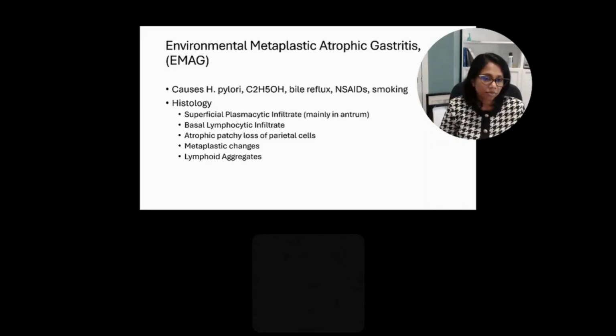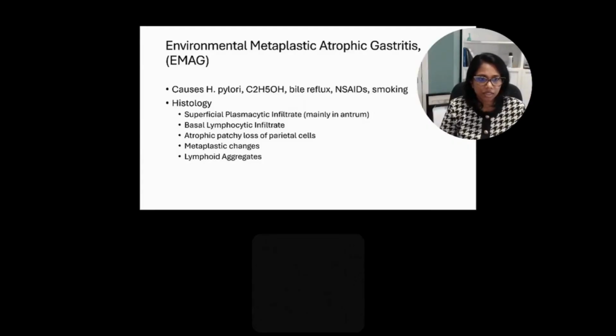There's a basal lymphoplasmacytic infiltration. There might be only patchy loss of parietal cells as a result of chronic injury, but you still see residual parietal cells. You may also see metaplastic changes, such as intestinal metaplasia, but you don't see the full spectrum of features that you might see in an atrophic gastritis.